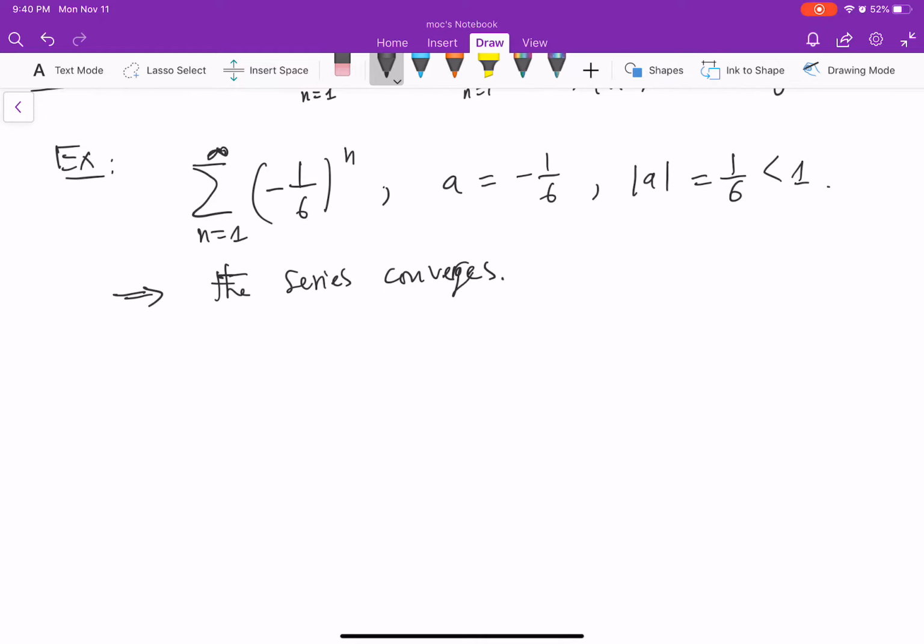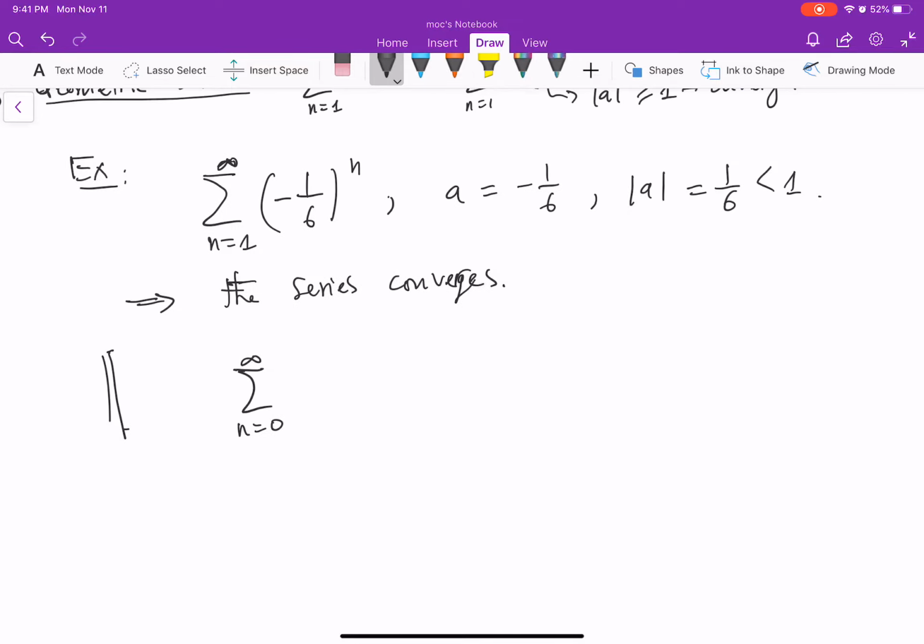The formula looks like: the sum from n equals 0 to infinity of r times a to the n equals r over 1 minus a, when the absolute value of a is less than 1. Okay, that is our formula.